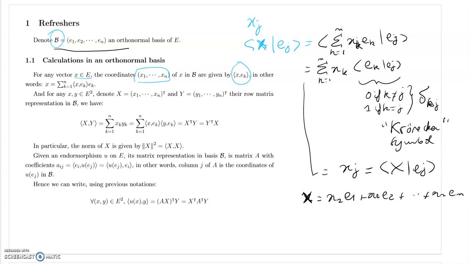I've just expressed the fact that these were the components of x in that basis, and using the above calculations, I know that it's just going to be the sum of the scalar product of x with ej, times ej, j equal to 1 to n. Okay, or k, whatever the index you want to use.